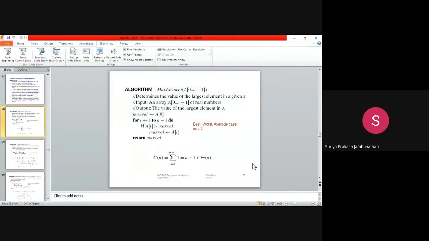The array starts from 0, so we take 0 to 4. In this case, it compares each and every value and identifies 25 as the maximal value. 25 is the largest number in the array and will be displayed as output.